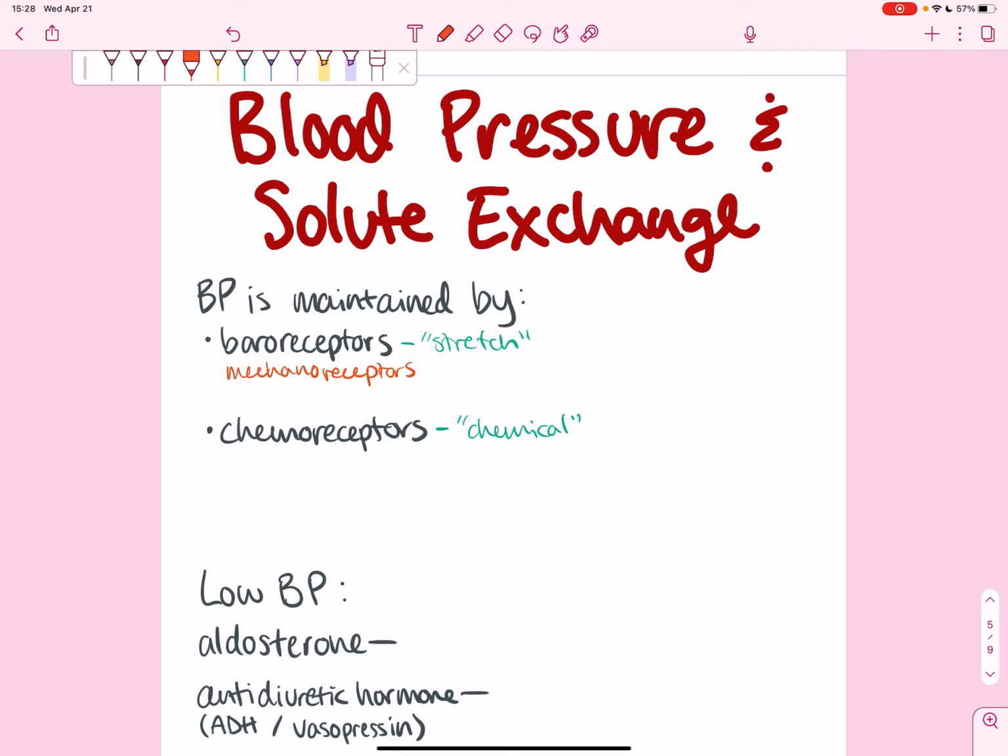They're mechanoreceptors located in the carotid sinus and aortic arch. Mechanoreceptors that sense pressure changes via change in tension of the arterial wall. So I'll write that down too.